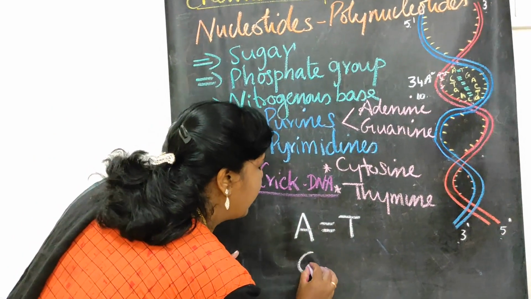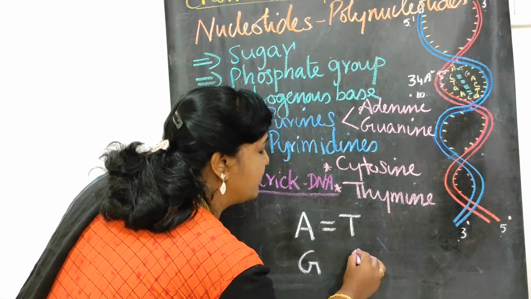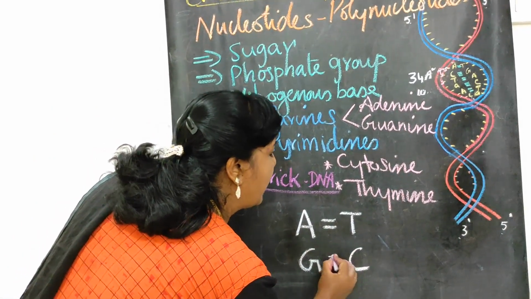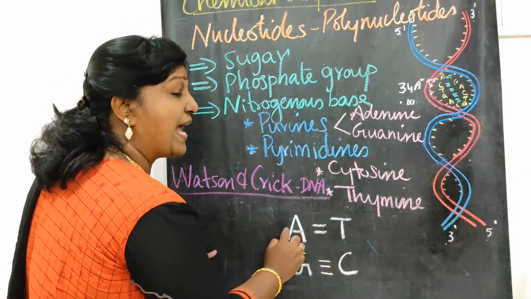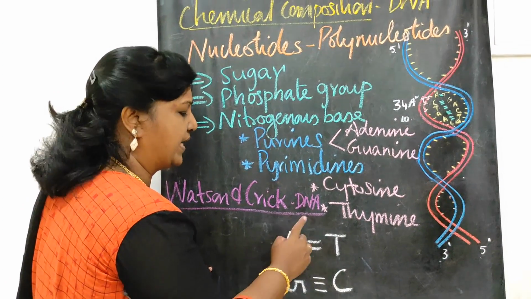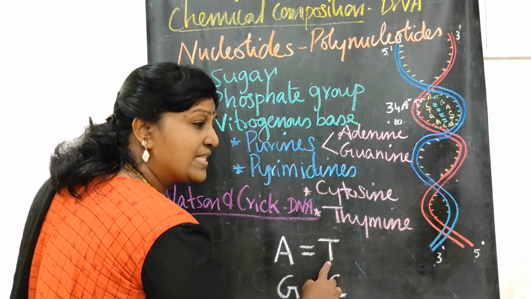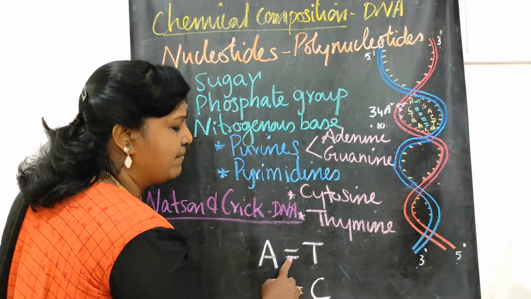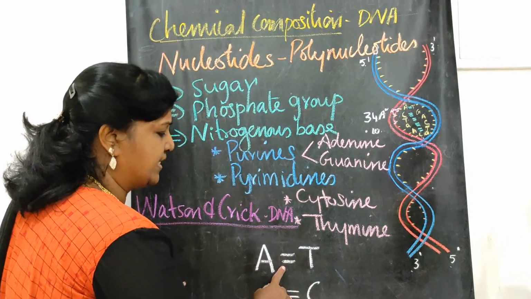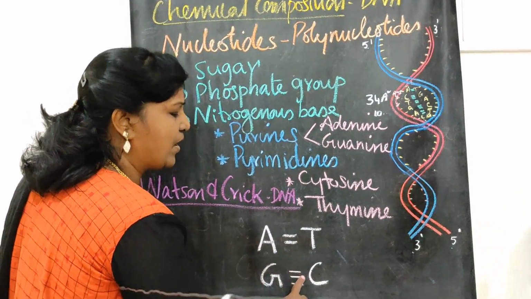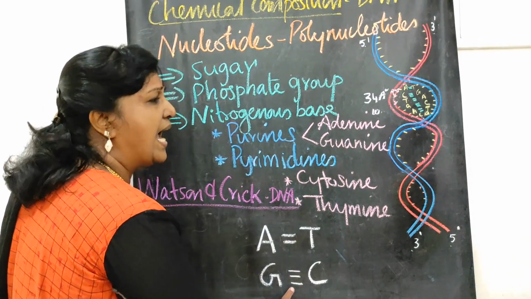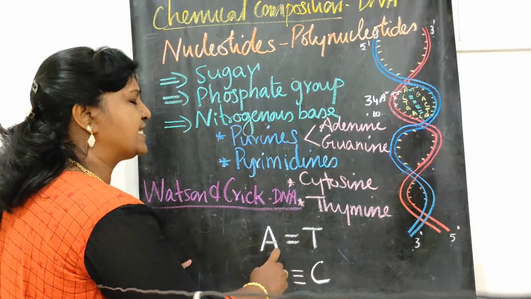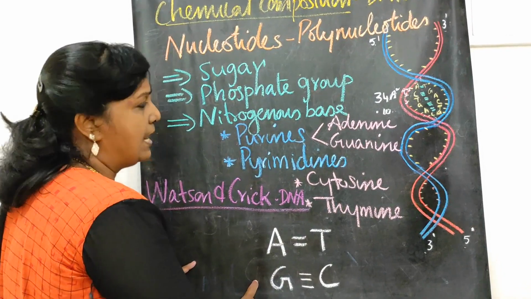Similarly, guanine always combines with cytosine by 3 hydrogen bonds. So this pairing is very specific, and this is said to be complementary base pairing.